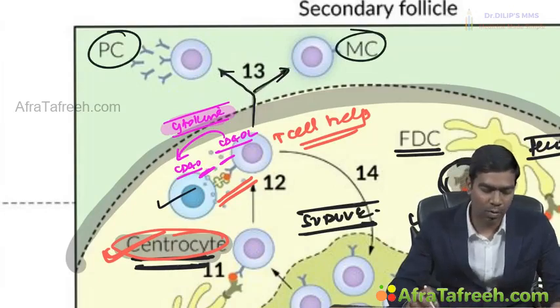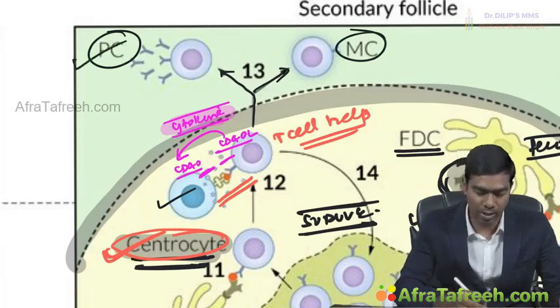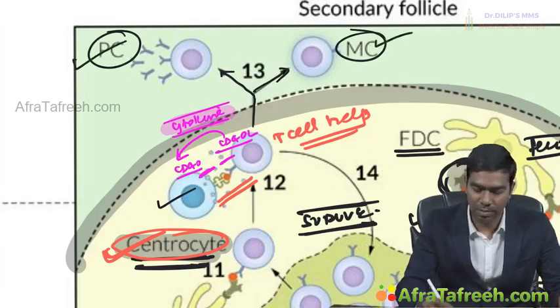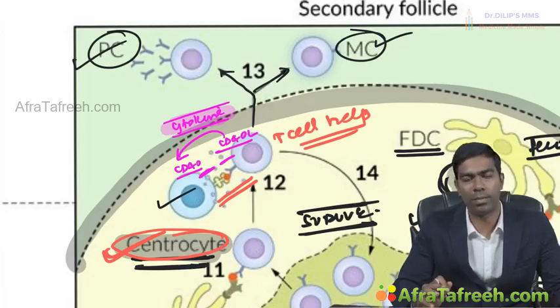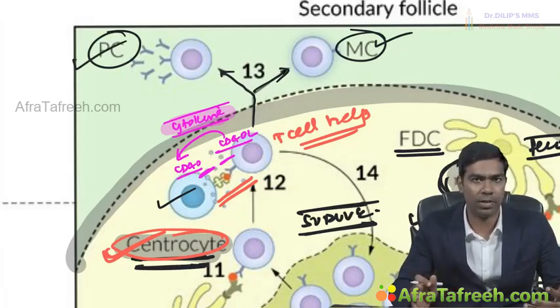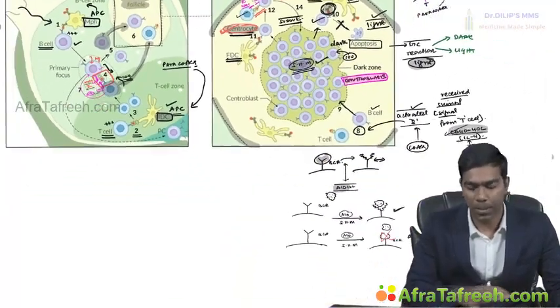It all depends on what cytokine the T cell is giving rise to. So that is what is going to happen. Suppose the B cell receives a particular cytokine, it will become a plasma cell. If the B cell receives a different cytokine from the T cell, it's going to differentiate into a memory B cell. So this is the entire process that is happening.